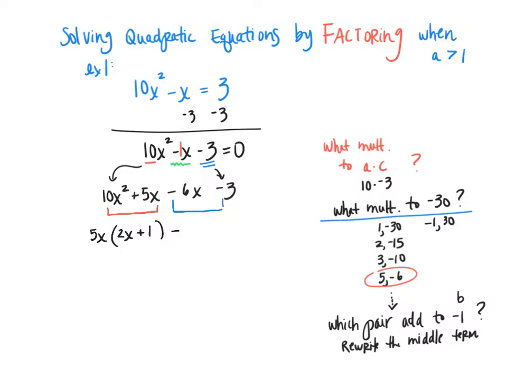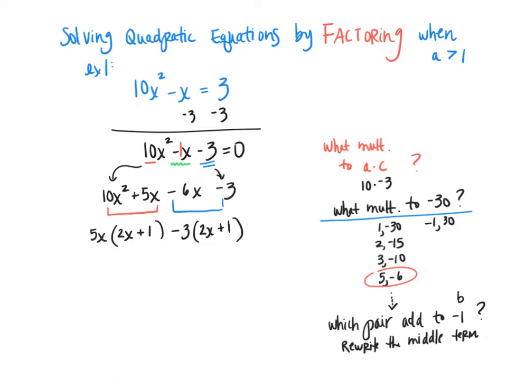But then you can also factor out a 3. Now anytime this first term is negative, I will always factor out a negative. Okay, so then we need to figure out what goes in that parentheses, and -3 times a 2x would give you that -6x, and -3 times a +1.